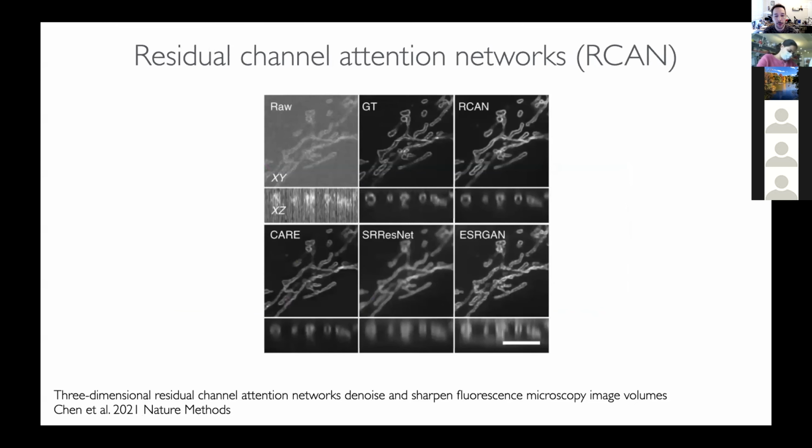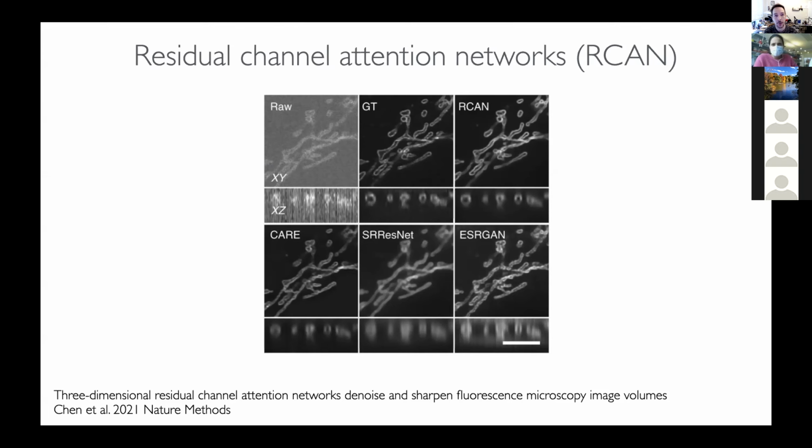Building on this was some really great work that came out of Harry Shroff's lab. This is a different type of network that's very good at restoring signal to noise. And they use it in combination with their ISIM instrument, which is very similar to the SORA system that we have at the Institute. They want to image very dynamic processes in cells, and these are very sensitive processes.